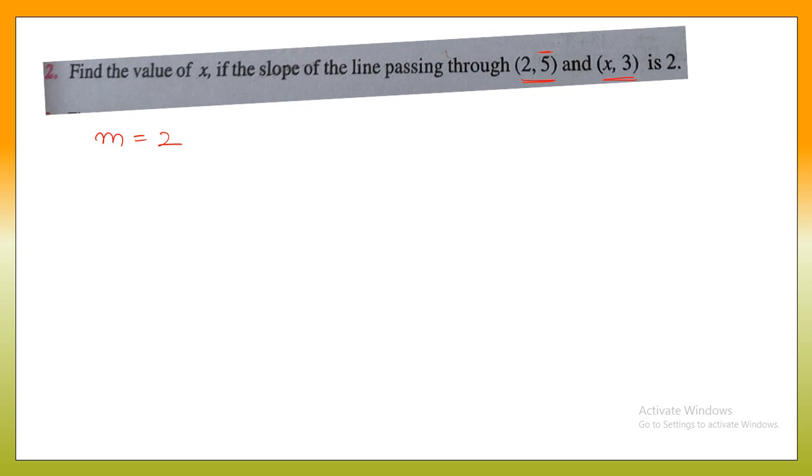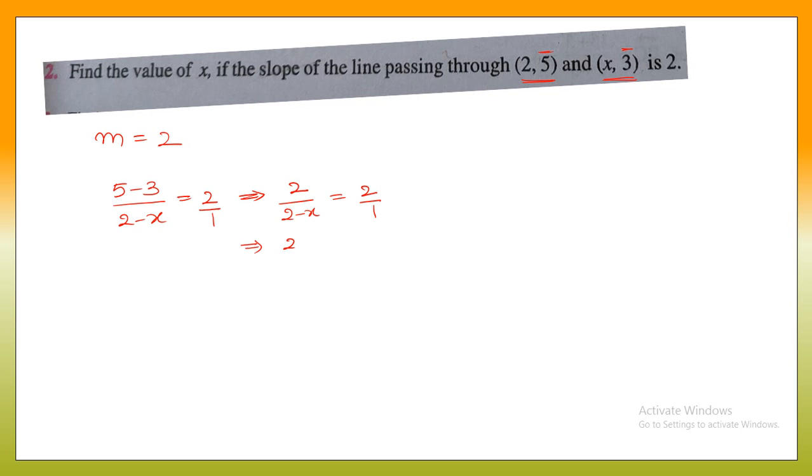So y1 minus y2, directly I can write as 5 minus 3 by x1 minus x2, which is nothing but 2 minus x, which is equal to 2. On simplification, 5 minus 3 is 2, so 2 divided by 2 minus x is equal to 2 by 1. If nothing is there, that means it contains 1 in the denominator.